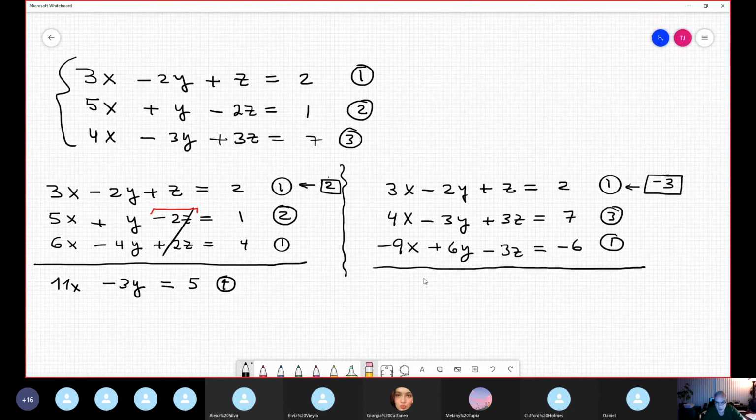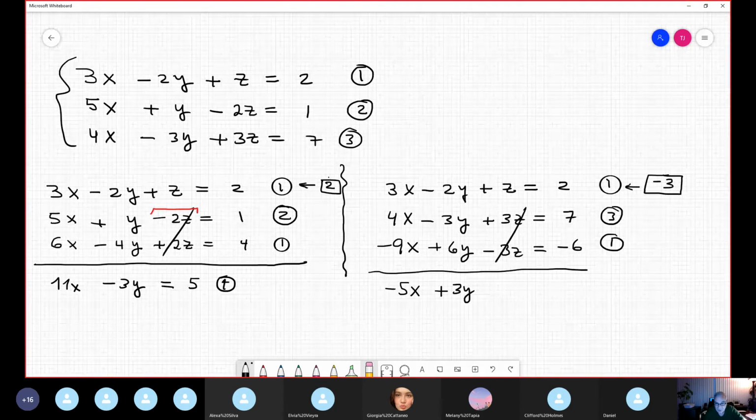Ready to combine. Equation 1, new, or whatever you want to call it, and equation 3. And equation 1, original history. This is -5x. This is 3y because 6 positive minus 3 is 3y.